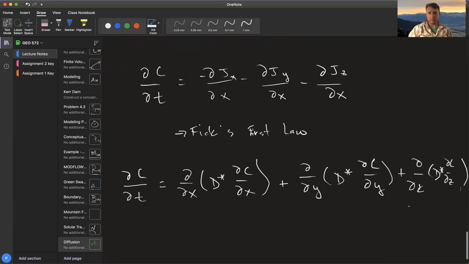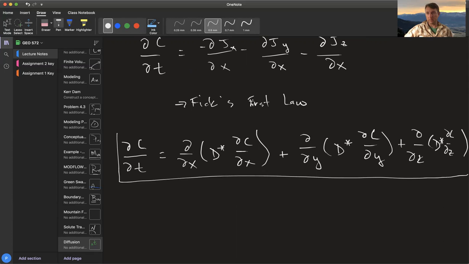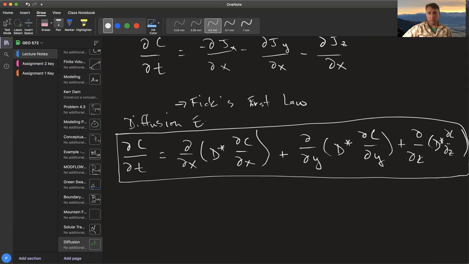All right, so this is my mass transport equation for diffusion. This is my diffusion equation. And I hope you can see here that it is almost completely analogous to the groundwater flow equation.